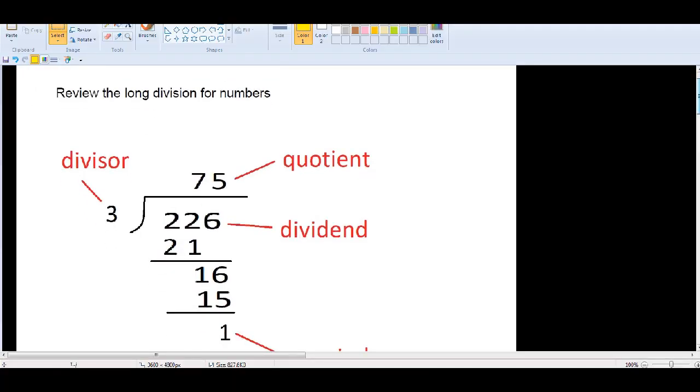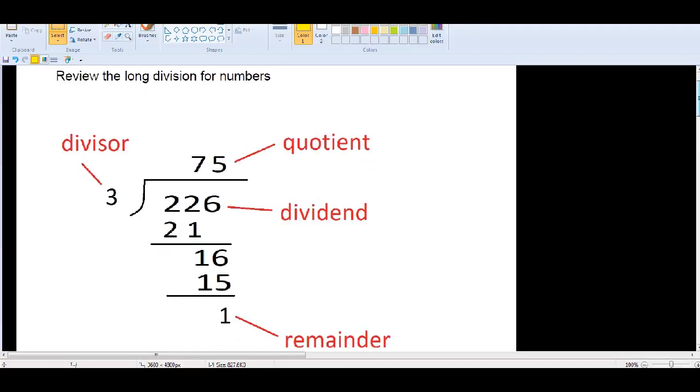Okay, first let's review some terminology for division. For example, if we do long division for 226 divided by 3, you see there's a number called the quotient.